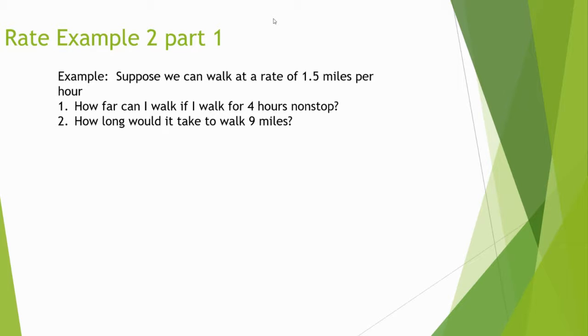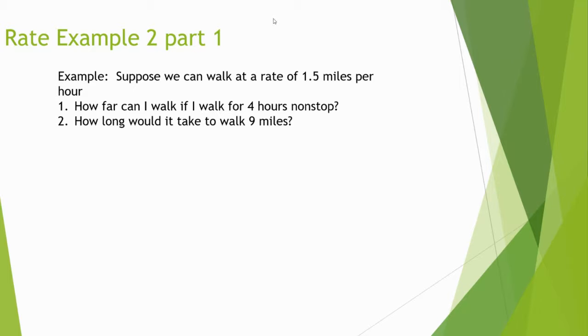So here, let's say as before, we can walk at a rate of 1.5 miles per hour. Speed walking, whatever. Somehow we're able to do that. The question is, how far can I walk if I walk for 4 hours nonstop?